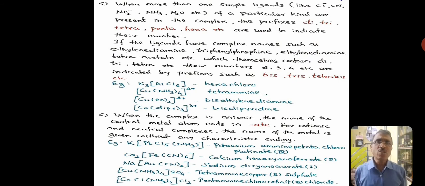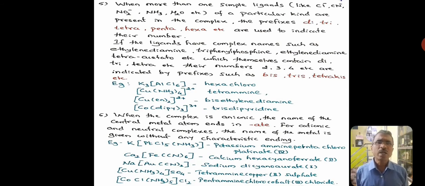If the ligands have complex names such as ethylenediamine, triphenylphosphine, ethylenediaminetetraacetato, etc., which themselves contain di, tri, tetra, etc., their numbers 2, 3, 4 are indicated by prefixes such as bis, tris, tetrakis, and so on. Now the example is written below.